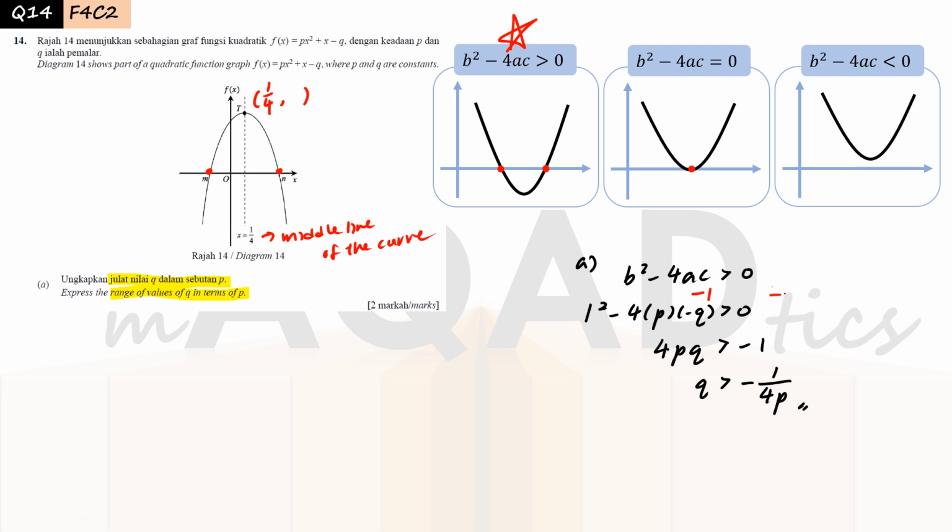We minus 1 to move this one to the other side. Why we minus is because this 1 squared can cancel off this 1, so this 1 will appear here, but it will become negative. But this doesn't affect the sign because we are just minusing, we are not dividing. So which is why the sign should be greater than.